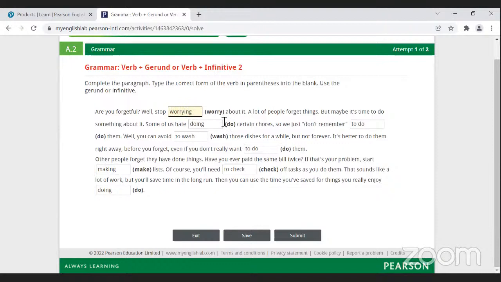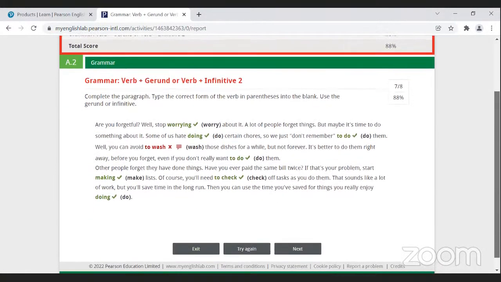Yes, yes. Thank you, teacher. Try to see if everything is correct. Okay. Hate.